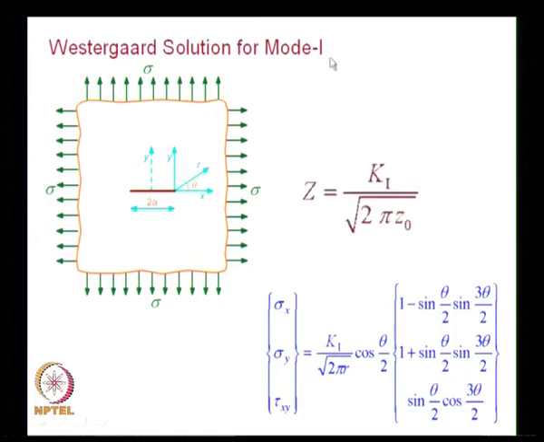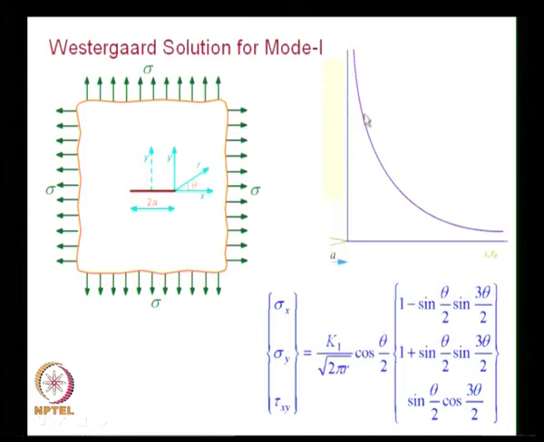It is based on a stress function like this, and if you look at when r tends to 0, sigma x equal to sigma y and reaches infinity. In reality, it would not reach infinity because of plastic deformation. You will have some value dictated by whatever the plasticity condition that should prevail here.